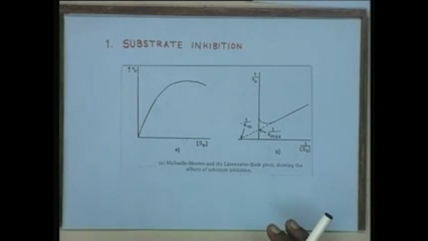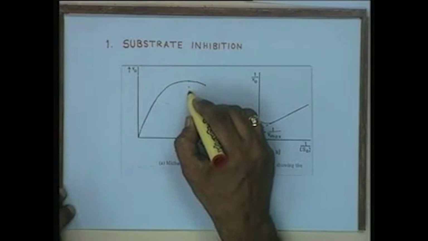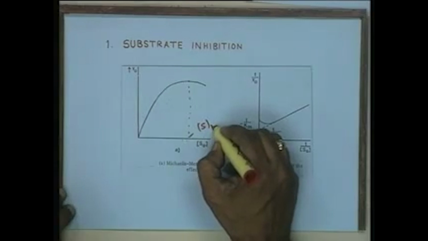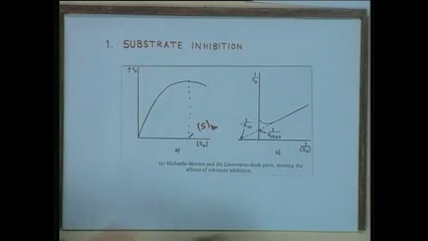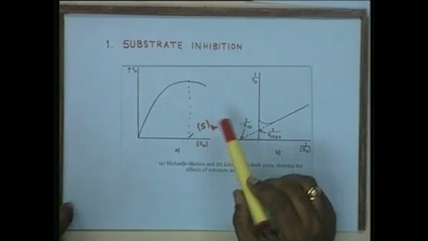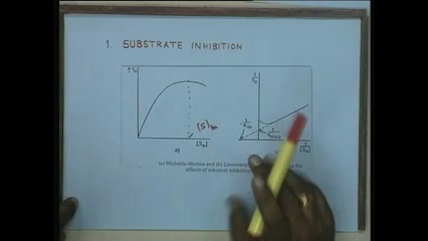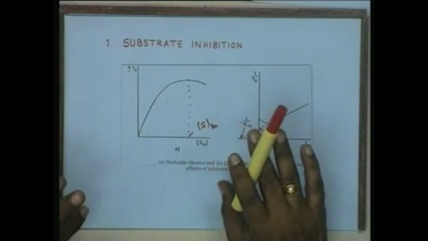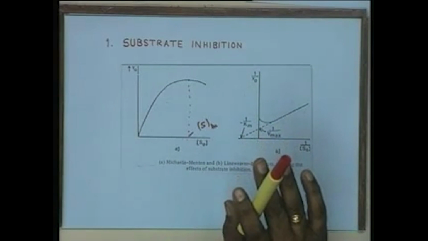Now coming to the first case of substrate inhibition, as I mentioned earlier, the reaction profile passes through a maximum, and at a particular substrate concentration it reaches a maximum value and then starts dropping. This substrate concentration corresponding to maximum reaction velocity is not really the maximum reaction velocity of the enzyme catalyzed reaction.